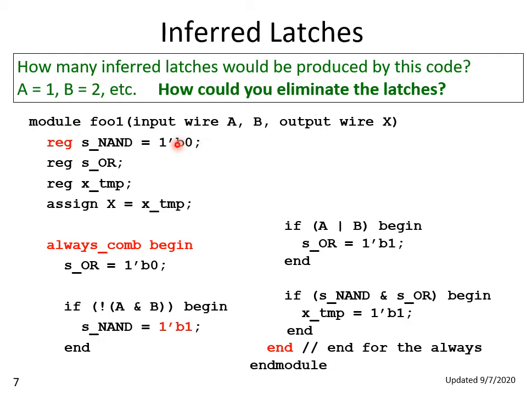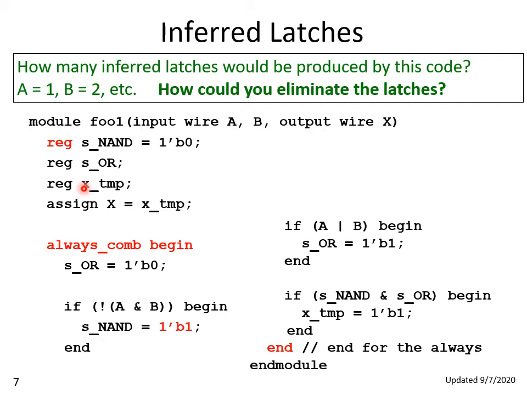So this does not save you from getting a latch, because one of the ways of describing how to avoid a latch is to make sure that every variable or every wire has a defined value for all conditions of the inputs to the circuit.